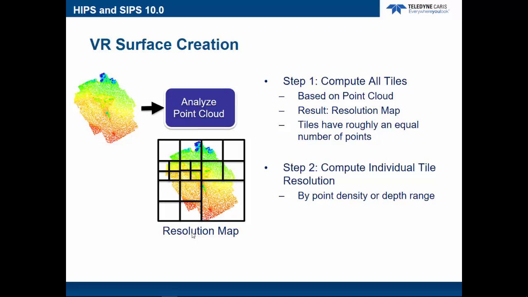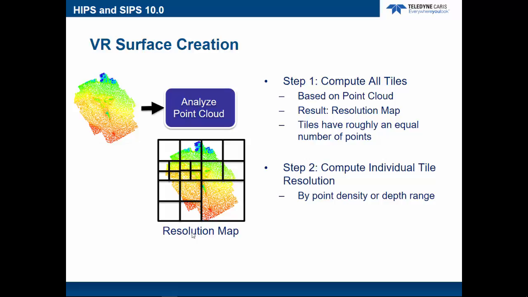So creating variable resolution surfaces is a multi-step process. Where do we get these tiles from? In CARIS variable resolution, we use a quad tree structure and put that into what we call a resolution map. So we take a region and some source data, and we start building a quad tree over that region. The quad tree is broken down roughly based on how many points are in each tile.